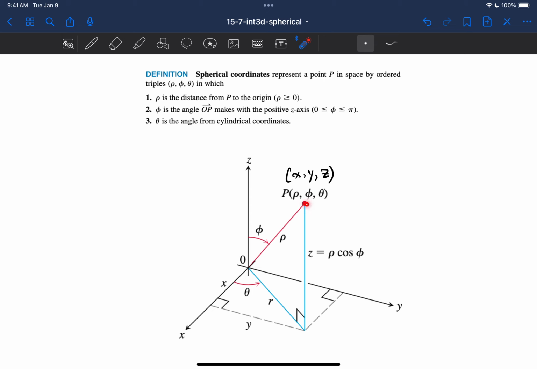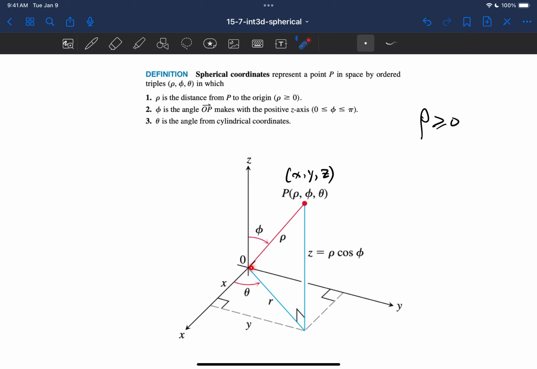Rho is the distance from the point to the origin. So rho cannot be negative, it's a distance. If rho equals 0, then the point is exactly the origin of the coordinate system. And what is phi?